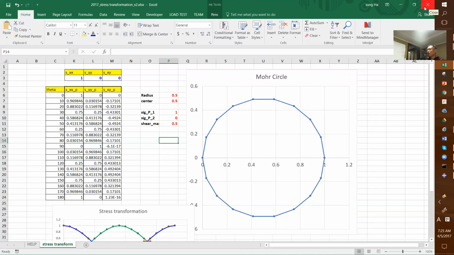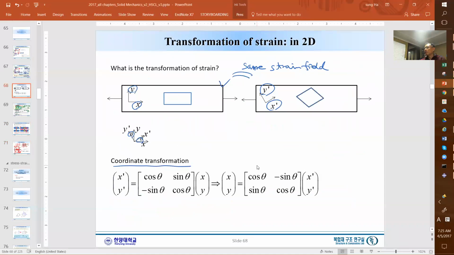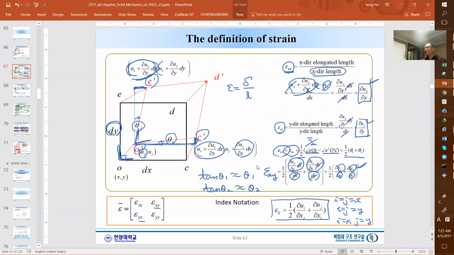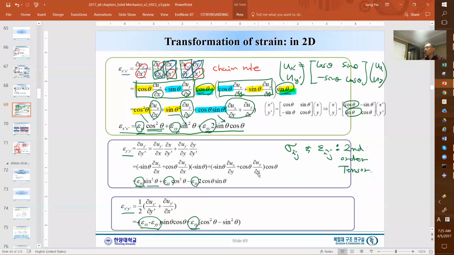Okay, so that's what I would like to cover today, and hopefully you understand what we have studied: first we defined the strain in terms of displacement, and then we derived strain transformation using coordinate and vector transformation.